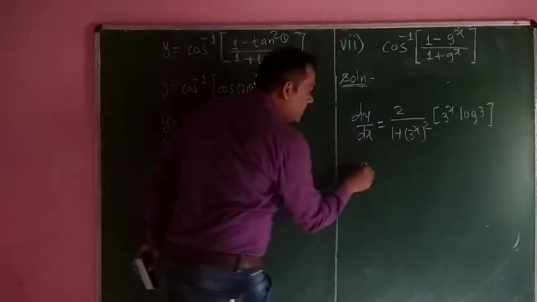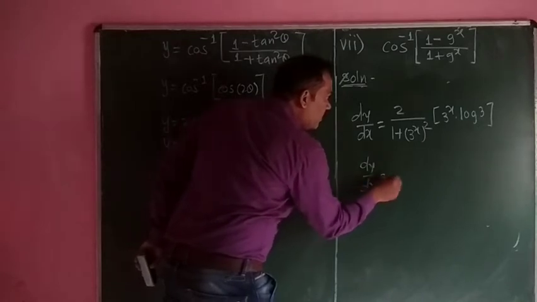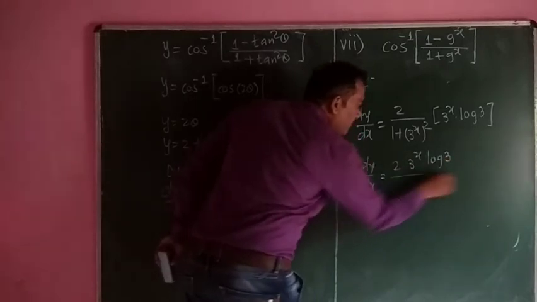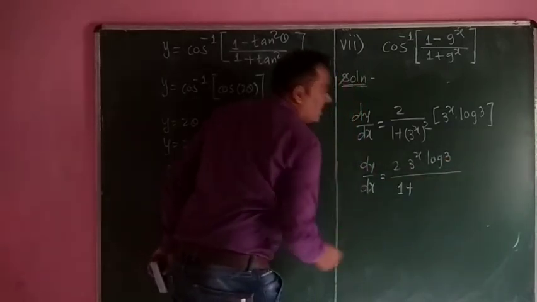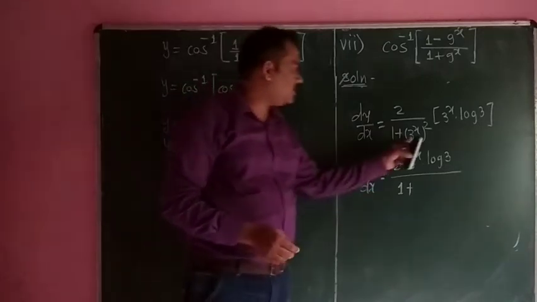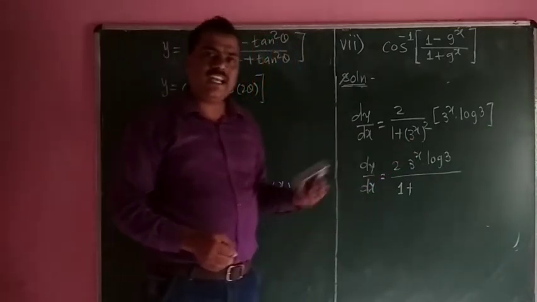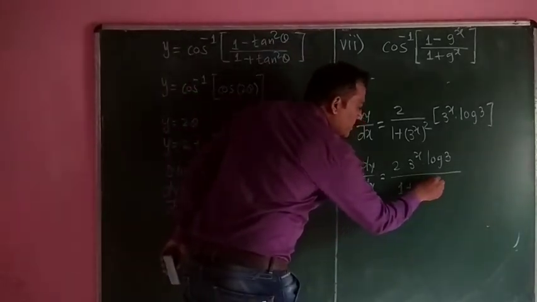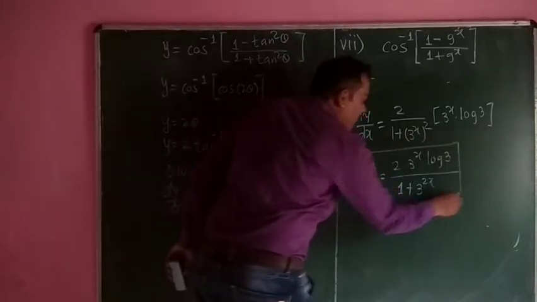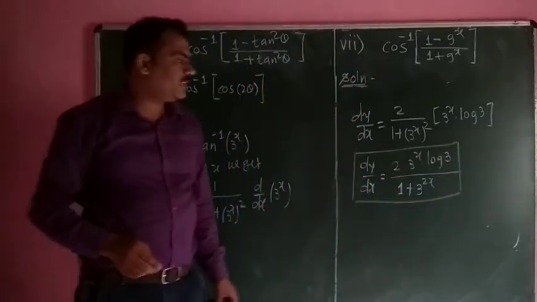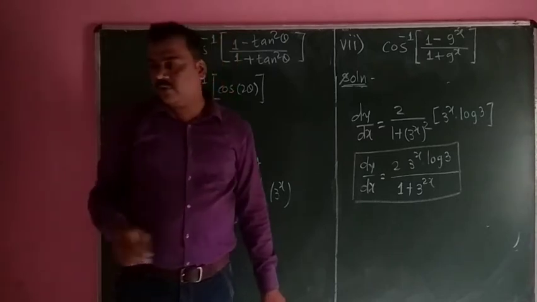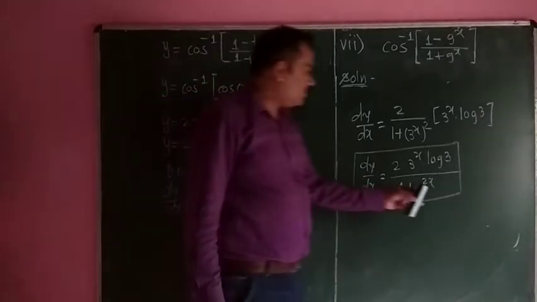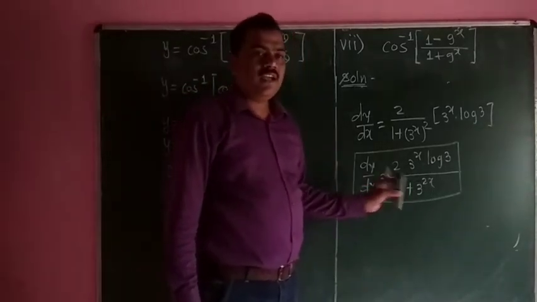So dy by dx is equal to 2 into 3 raised to x into log of 3 divided by 1 plus 3 raised to x raised to 2, which can be written as 3 raised to 2x or as 9 raised to x. Both are correct. So dy by dx is equal to 2 into 3 raised to x into log of 3 divided by 1 plus 3 raised to 2x, which is the required answer.